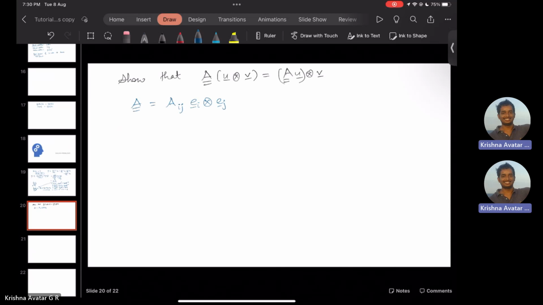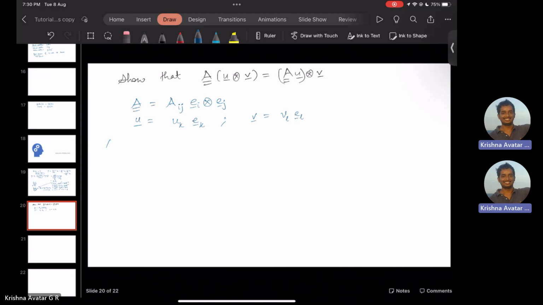It simply means that the number of indices matches the number of combinations among the basis vectors of that reference frame. And we'll call the u vector uk ek, and the v vector vl el.